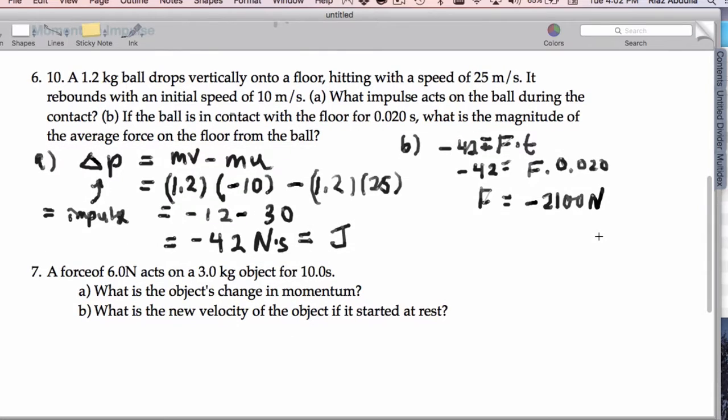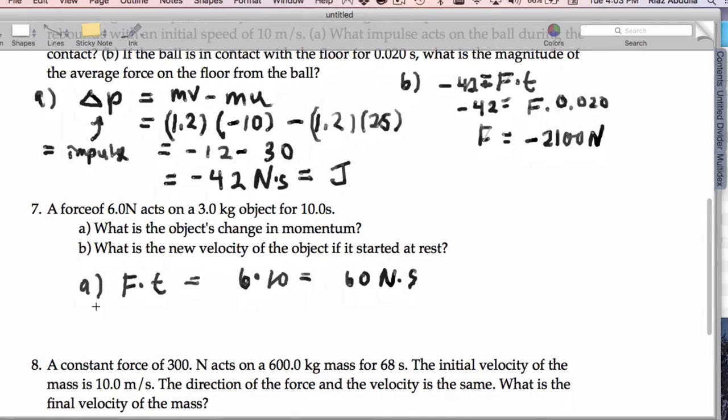All right. A force of 6 newtons acts on a 3 kilogram object for 10 seconds. What is the object's change in momentum? Once again, we can calculate the impulse, which is the change in momentum. So that'll be 6 times 10, which will be 60 newton seconds. And we want to know the new velocity.